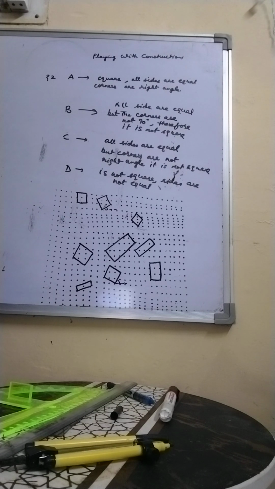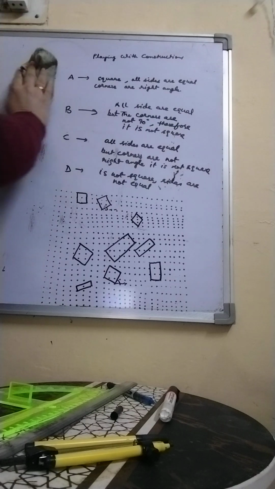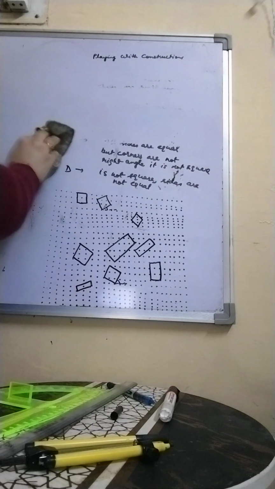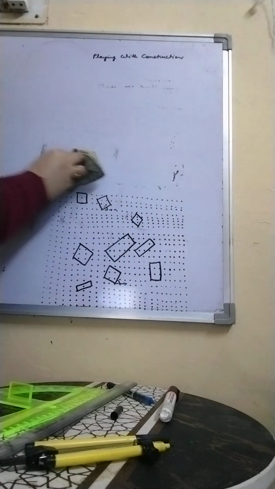Draw at least 3 rotated squares and rectangles on a dot grid such that their corners are on the dots and their direction is different. That means rotated. Now, what do you mean by rotated here? This you have to keep in mind. So, we will start from where we left.